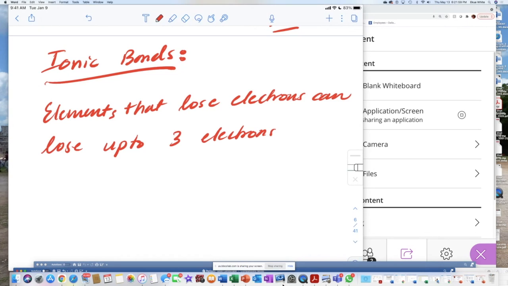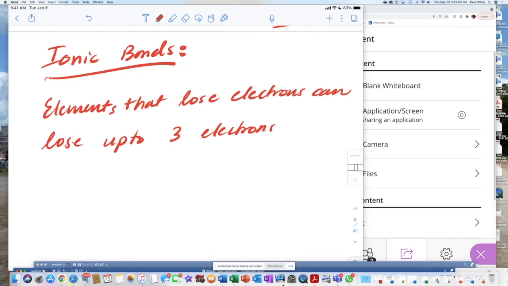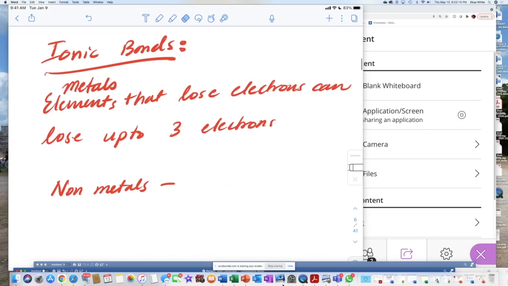Okay, they can lose 1, 2, or 3 electrons. So these will be your metals, of course. When it comes to your non-metals, they're doing the opposite. These gain up to 3 electrons. So they can gain 1 or 2 or 3.